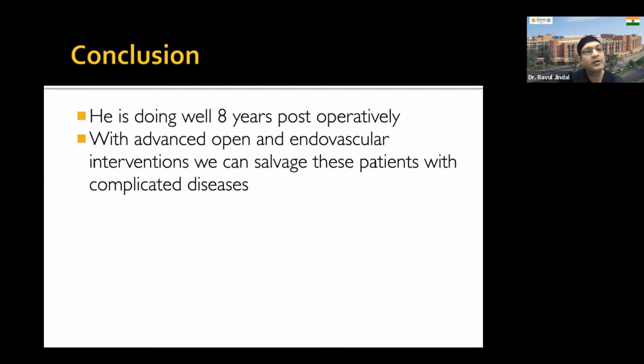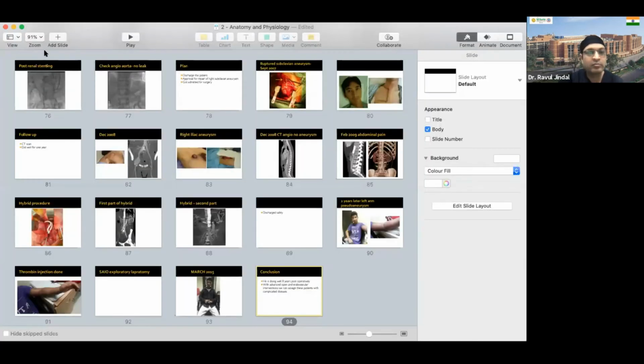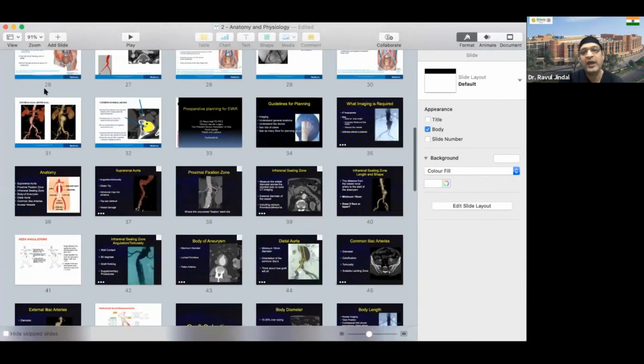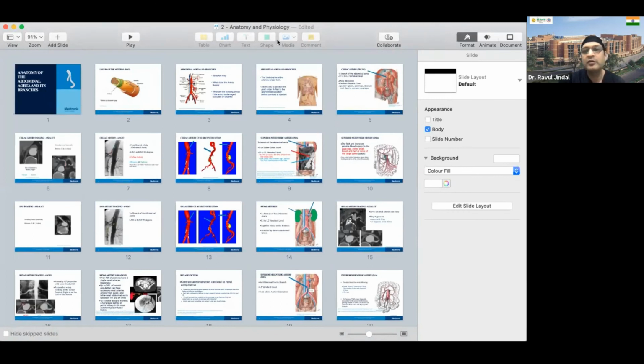So another hybrid operation we did in this case, and very unfortunately, in 2019 he passed away because of renal failure. So he survived 11 years with lots of aneurysms and complicated surgeries, and we were very happy with the technology we had available, which could make this patient survive. Thank you.